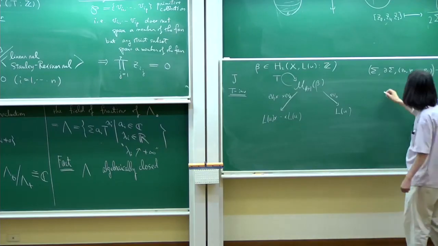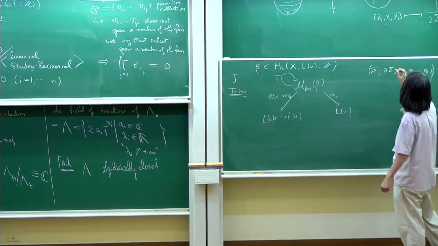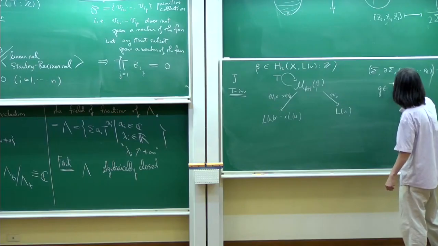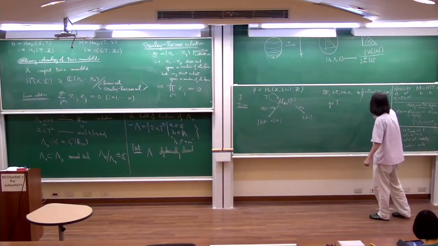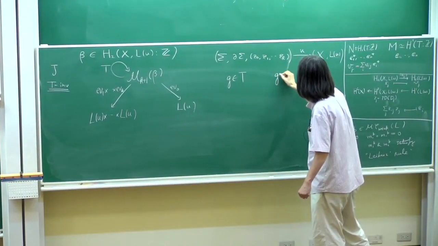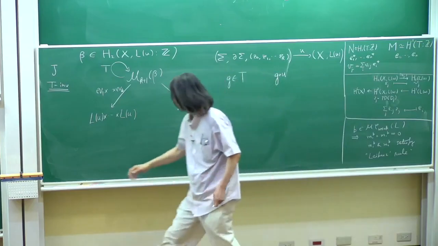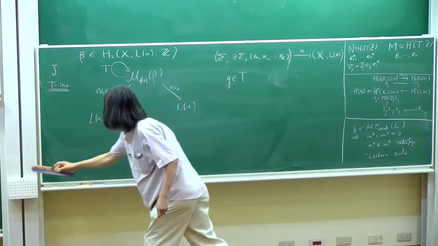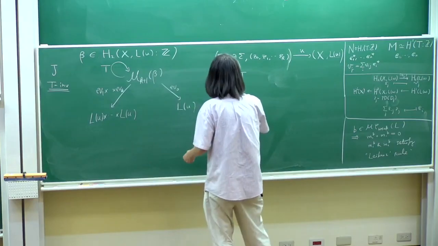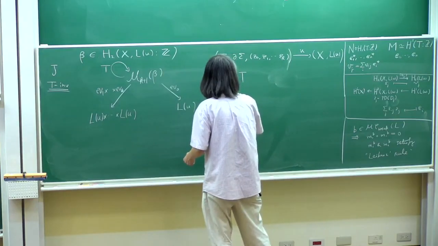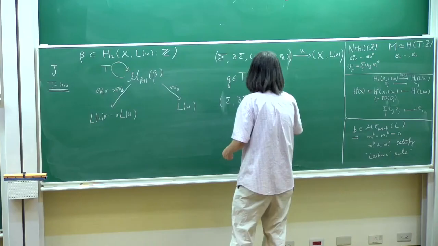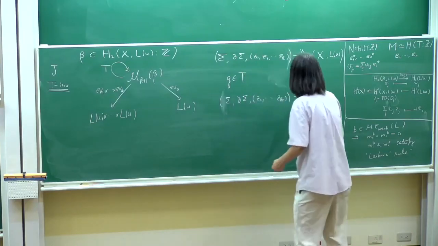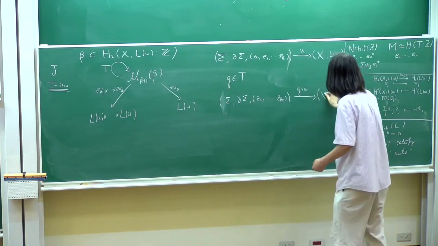If you take an element g from the torus, then g fixes this L_u because it's an orbit, right? Then I consider the composition g composed with u. Then we have the same thing, (Sigma, d Sigma) and z_0, ..., z_k goes to g composed with u.